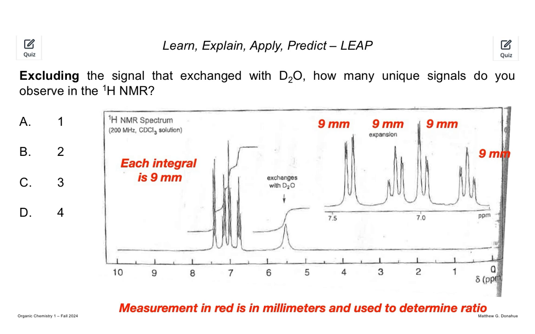So excluding the signal that exchanged with D2O, which we're going to attribute to OH, how many unique signals do you observe in the proton NMR?